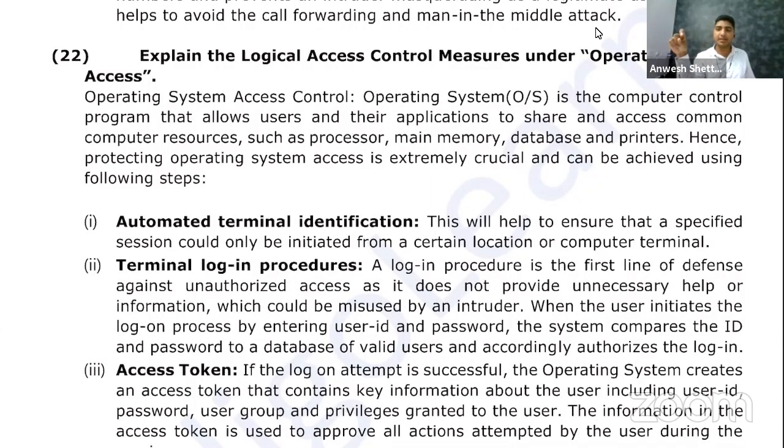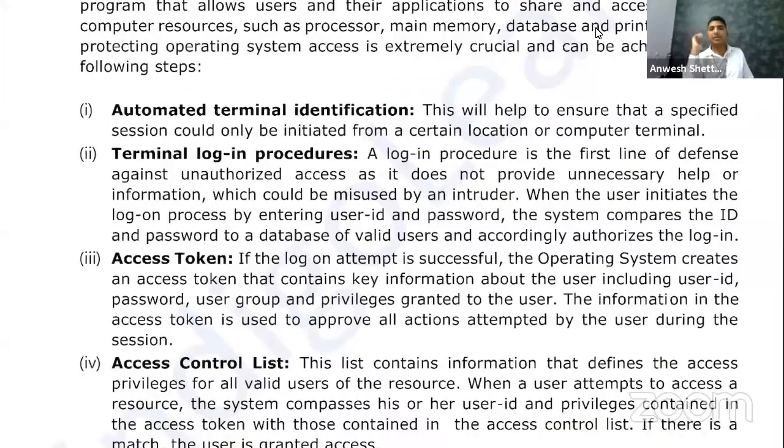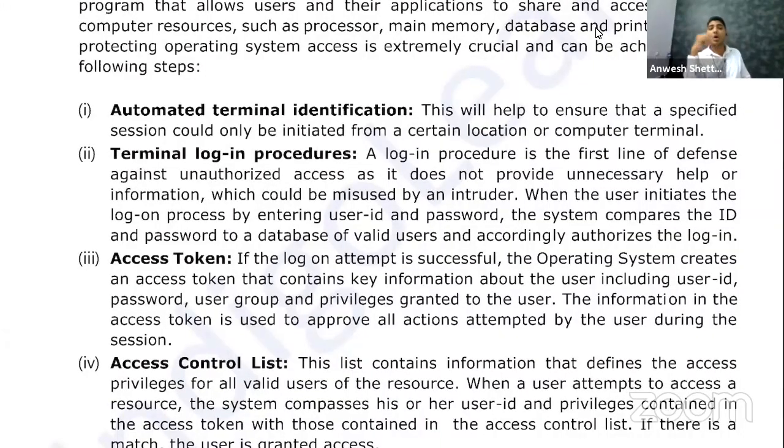Correct. So all these things are called controls. Now let us study them point by point. The first point is automated terminal identification. Now, what do you mean by automated terminal identification?